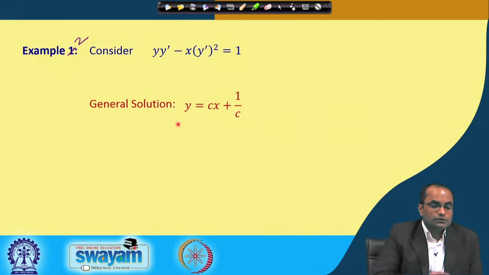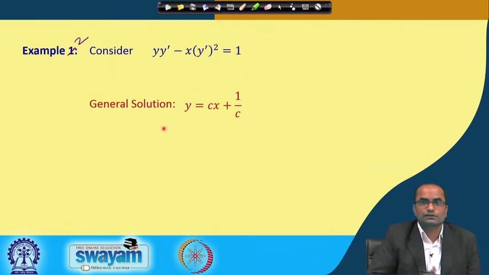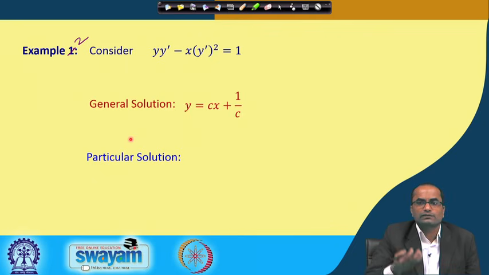This is a general solution, because the given differential equation was a first order differential equation, and we are getting this solution which also has one arbitrary constant. Therefore, we call this a general solution. But if we give any particular value to this constant, then we are basically selecting one element or one curve out of this family.